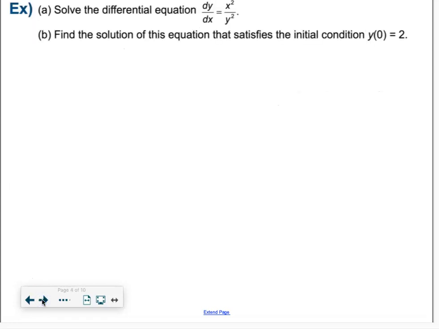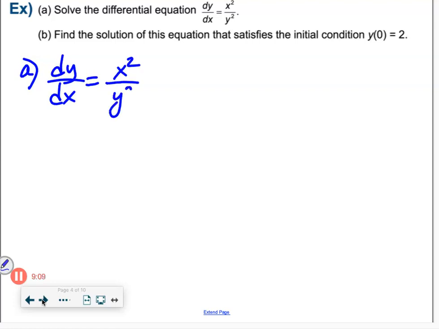So we're going to start with this one. dy dx equals x squared over y squared. So in your groups, I'm going to kind of have you do it and then I'll do it. So it's going to be like reverse teaching.